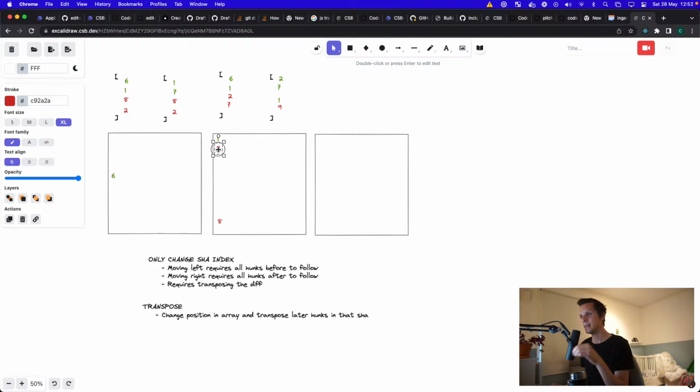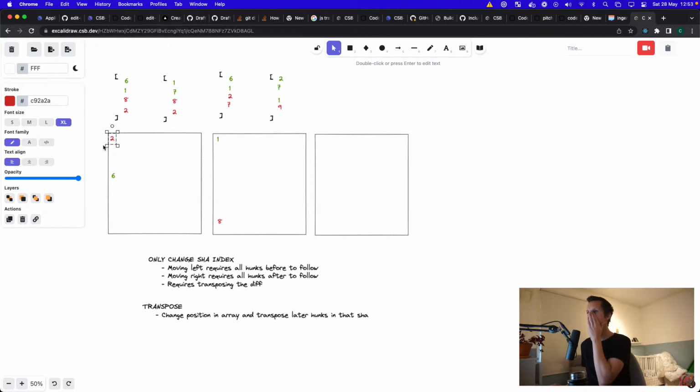And then when it lands in the array at its position, it needs to transpose whatever comes after it in that SHA, in this case moving 8 to 7. But when I move this again, now I actually have a hunk before it. So now I have to transpose this so that it fits, in this case it's transposed to line 1, because that line doesn't exist on the previous one. And again, this is transposed to 5, because now we had the removal, and now we have the same line removed.